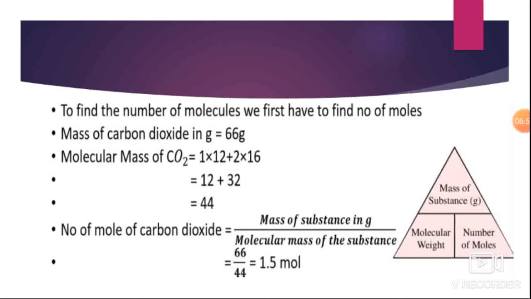So 66 upon 44 is 1.5 moles. I have just divided it. 66 we will cut with 11. 11 sixes are 66 and 11 fours are 44. 6 upon 4, we divide, then we get 1.5. So 66 grams of carbon dioxide contains 1.5 moles of carbon dioxide.